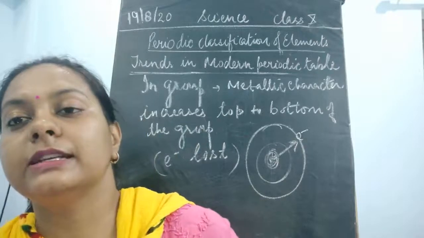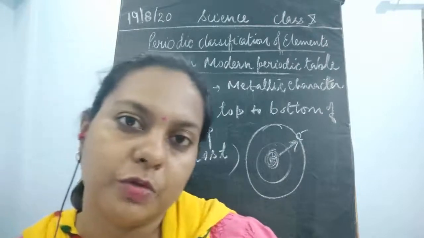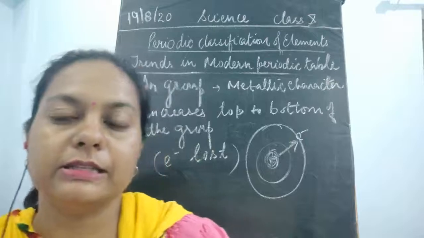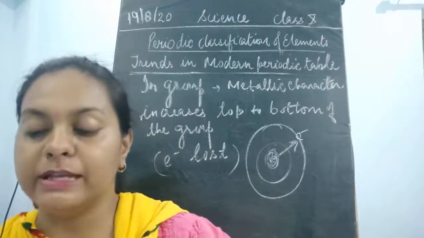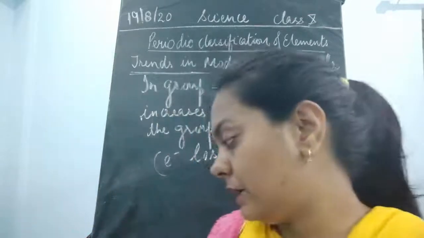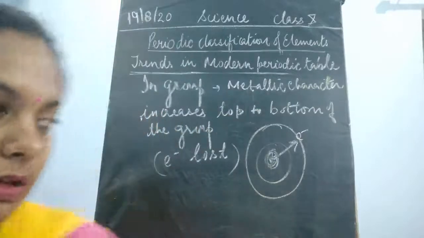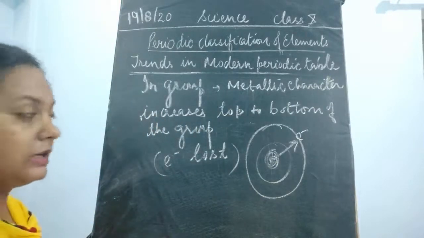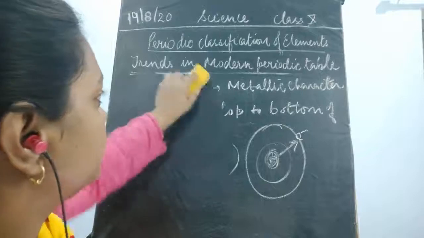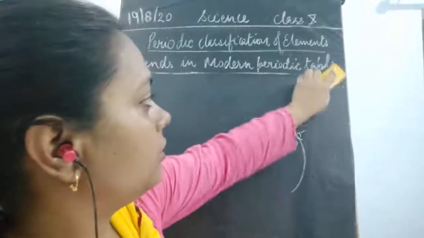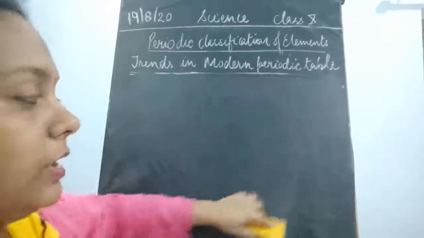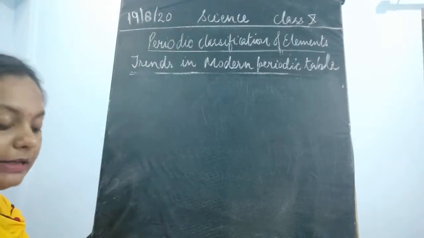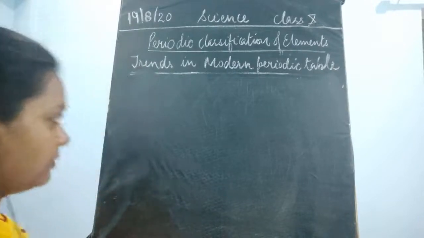If size is decreasing, it means there is much more nuclear charge present, so electrons would not be easily lost. If electrons are not being lost easily, the metallic character is going to decrease, and non-metallic character will increase. Now, what happens in a period?